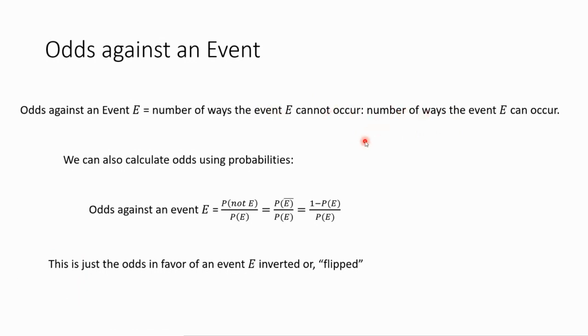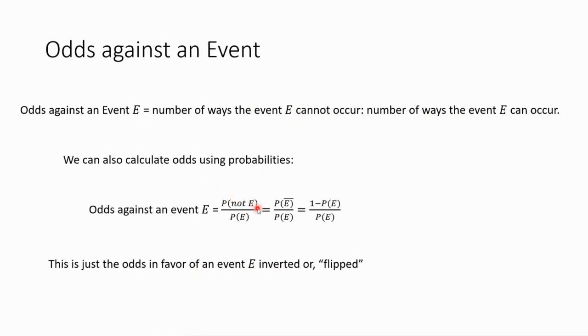I'll get to this shortly. Actually, I was going to say it later, but I'll say it now. It's actually the odds in favor of an event E, but you invert it or flip it. And again, it's written as a ratio. And just like with odds in favor of, the odds against an event you can calculate using probability.